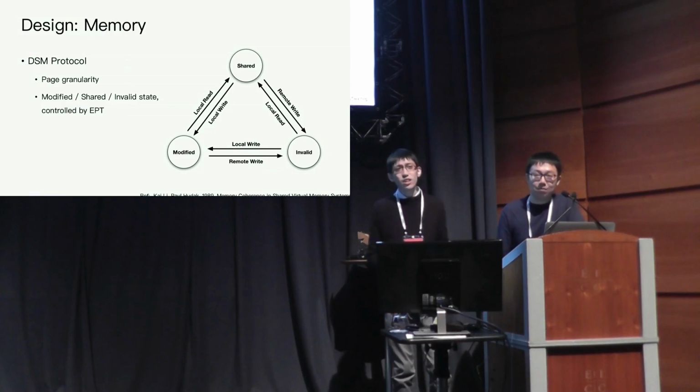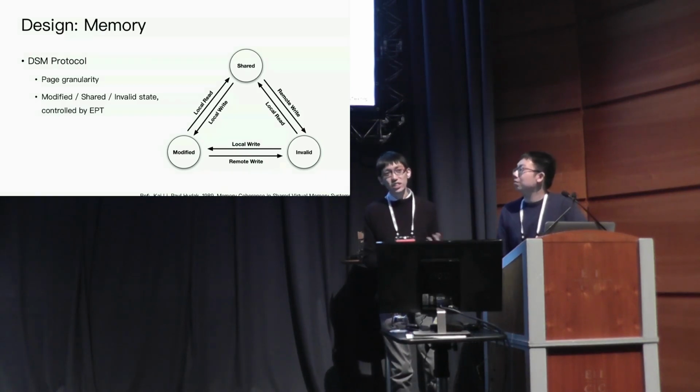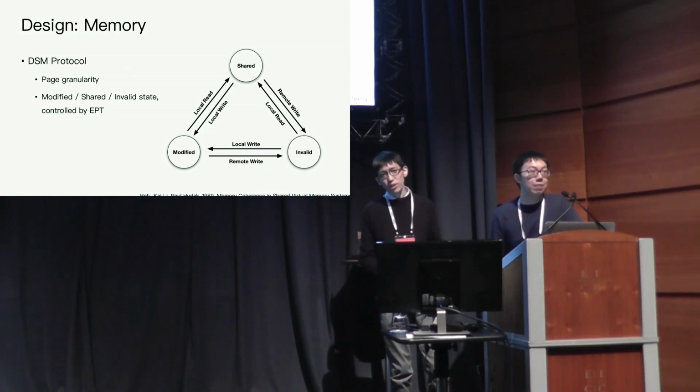So basically, the main challenge is to maintain a consistent view of memory for multiple machines. To achieve this, we've implemented a classical distributed shared memory in KVM to provide the coherent memory required by guests.